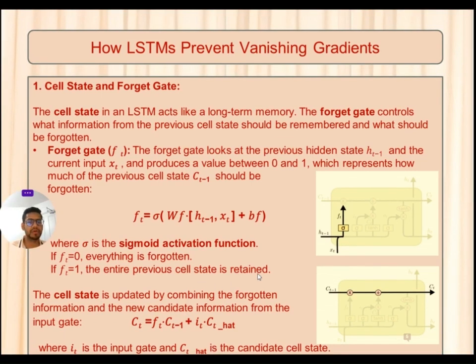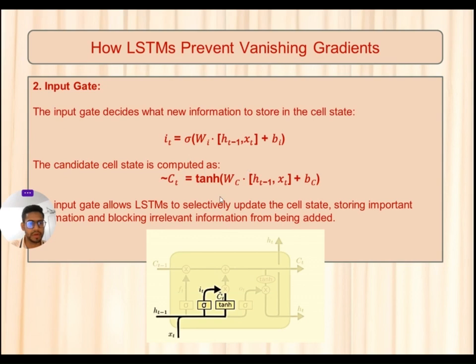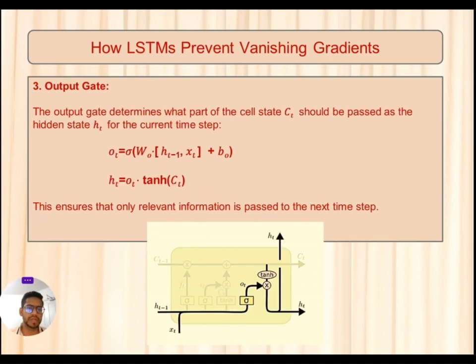The cell state is updated by combining the forgotten information and the new candidate information from the input gate. So what is the input gate doing? The input gate decides what new information to store. The output gate ensures that only the relevant information is passed to the next time step.